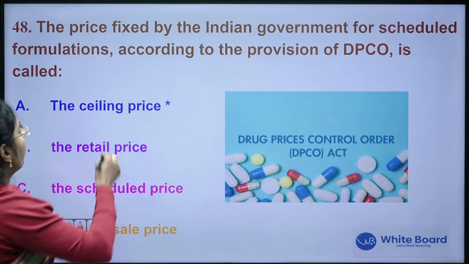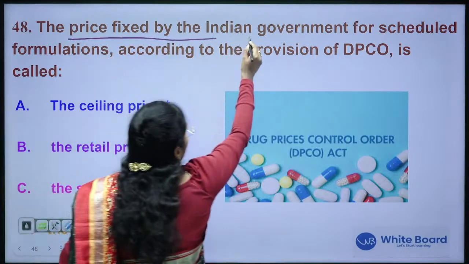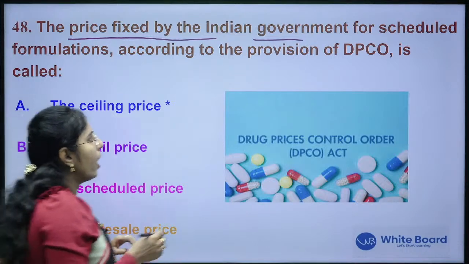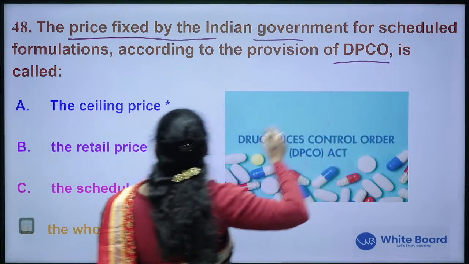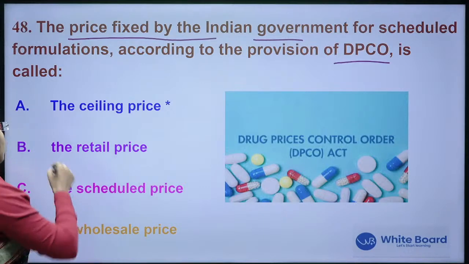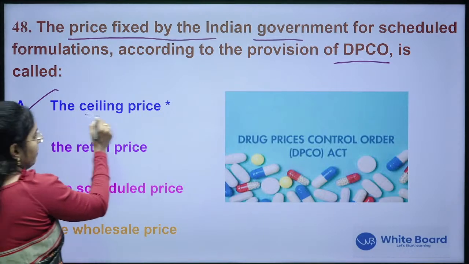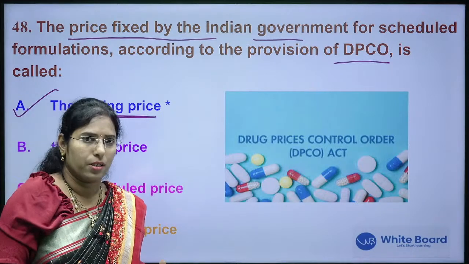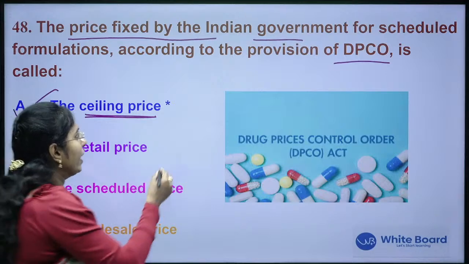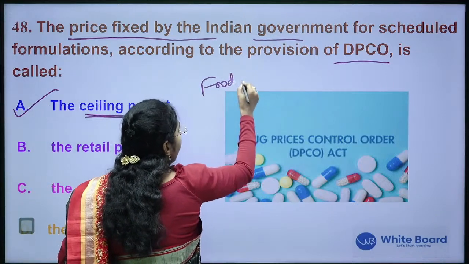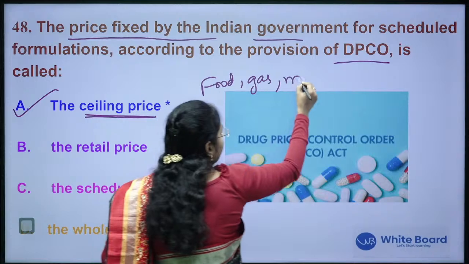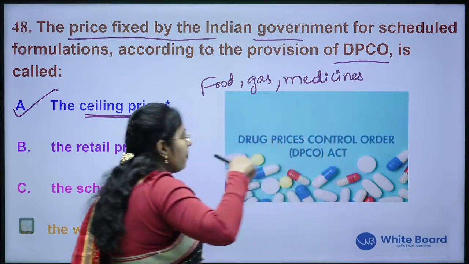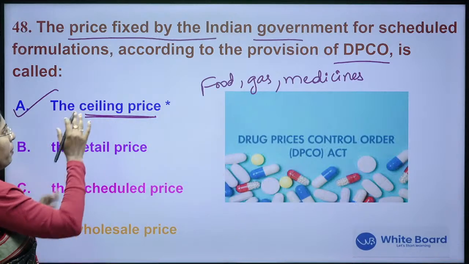The price fixed by the Indian government for scheduled formulations according to the provisions of the Drug Prices Control Order is called. Okay, the first is the ceiling price. In order to prevent the burden on customers, especially on foods, gas and medicines, the government will fix the price.